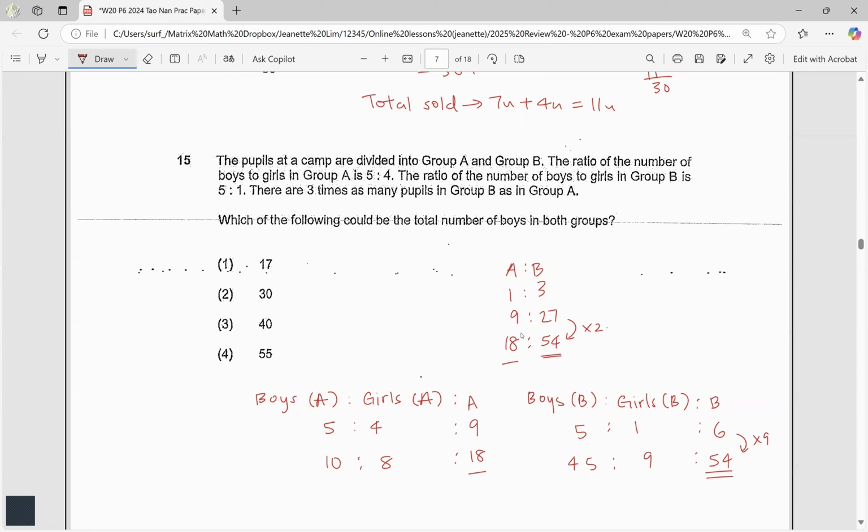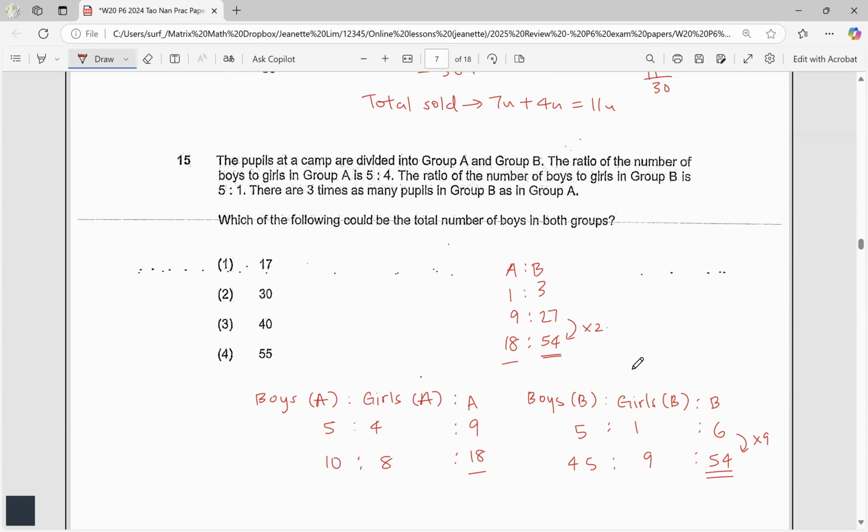Okay, so which of the following could be a total number of boys in both groups? So I don't really know the actual number, but if I were to look at the ratios, right? The ratio, because they are already in the simplest form, I mean, after having to find the common base, the common base are in the lowest possible common multiples.